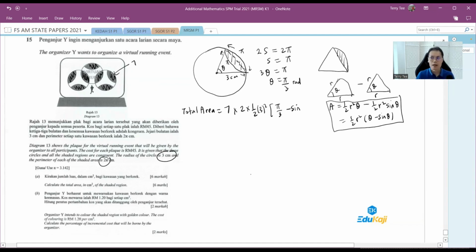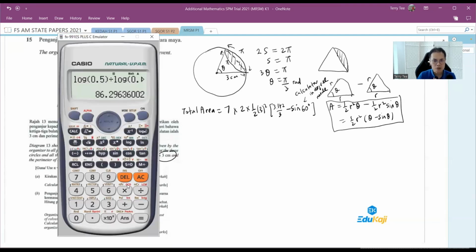Now here's the thing. Because they will always ask you to use 3.142, you need to sub in 3.142 inside here, or you can put 3.142 divided by 3. But for this part here, you can use sine 60 if your calculator is in degree mode. If your calculator is in radian mode, we use pi over 3.